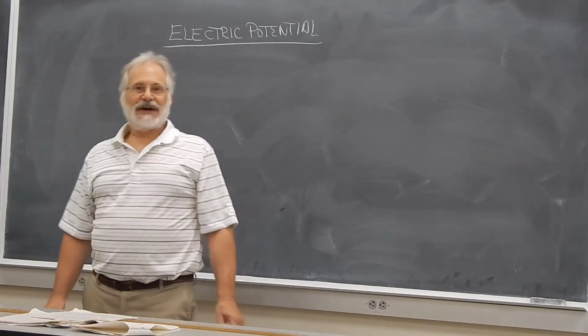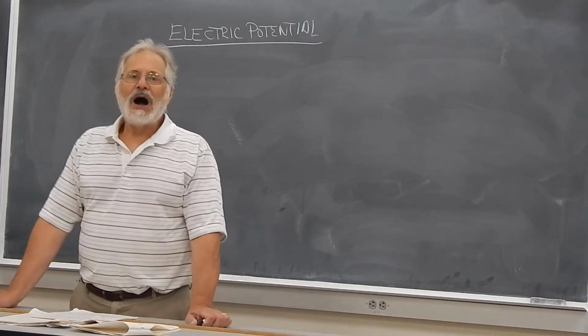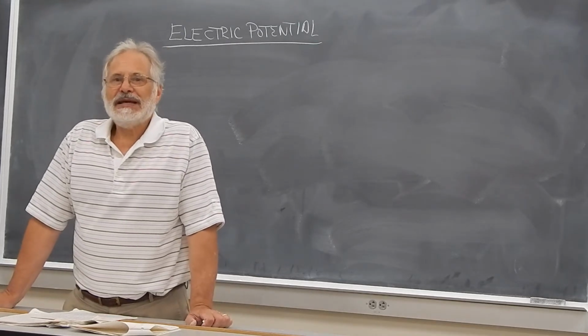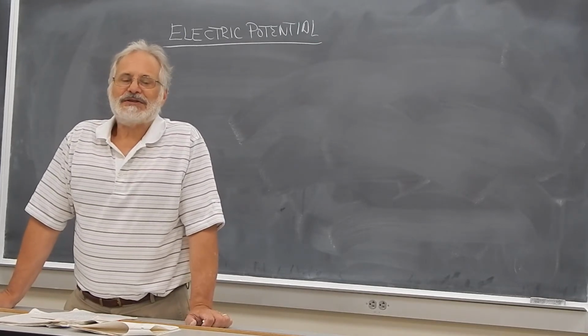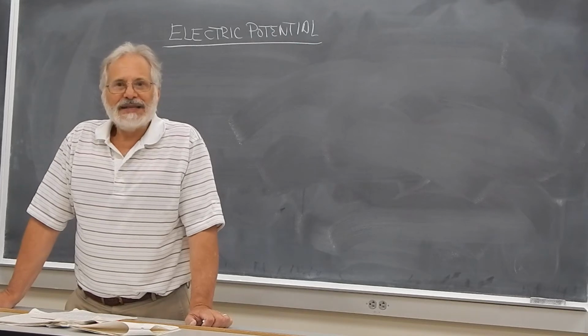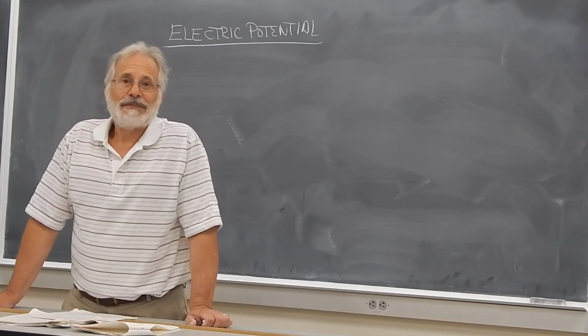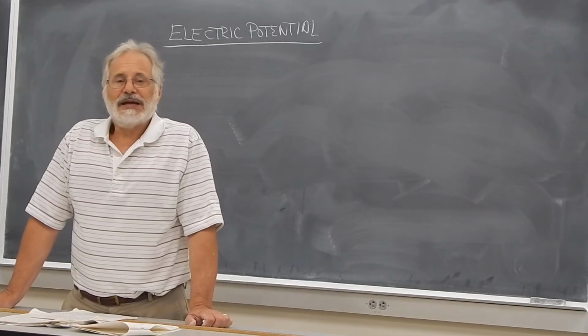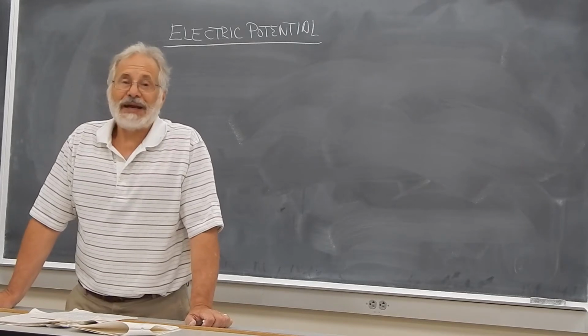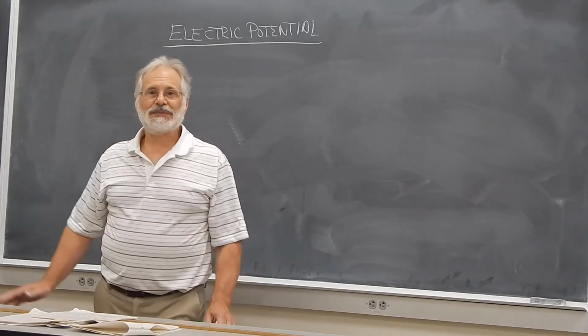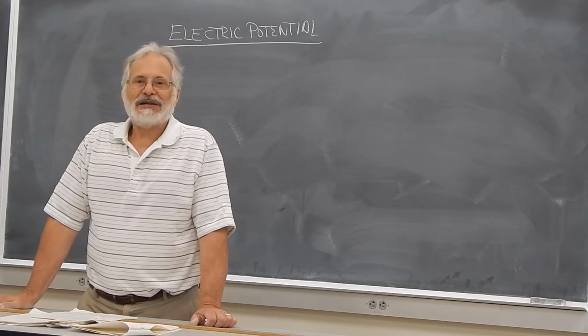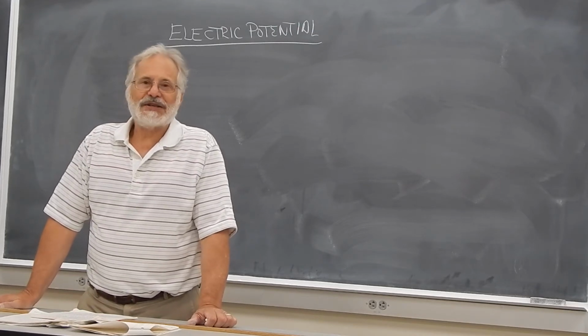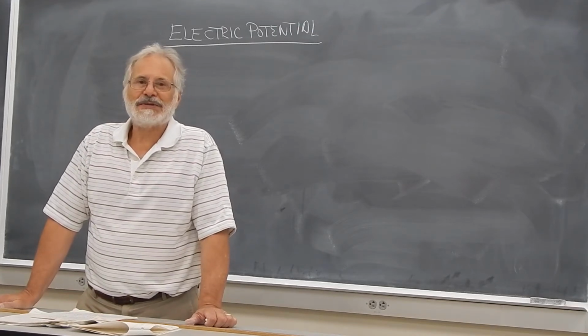It's not so easy to find the electric field, however. On the other hand, as you'll see in this series of lectures, if we can find an electric potential, we can simply take a gradient operation, do the gradient operator on the electric potential, and then calculate the electric field, and then very simply come up with the electric force.